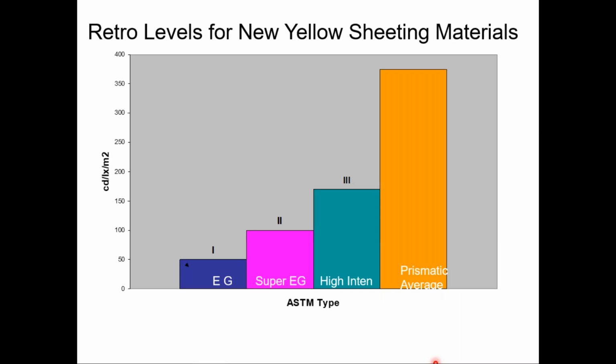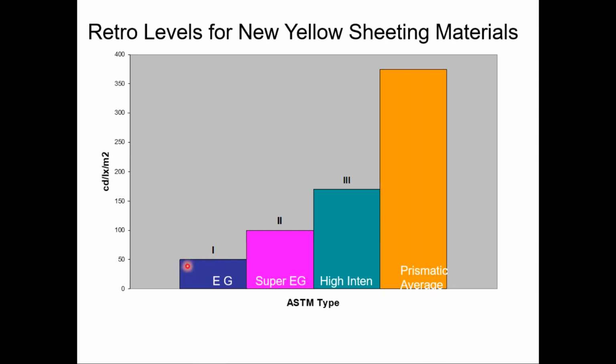And relative to that, here we see kind of schematically the retro levels for new yellow sheeting materials. On the horizontal axis, we have the ASTM sheeting type, and on the vertical axis, we have the retro values. Remember, candelas per lux per meter squared, 0 to 50, all the way up to 400. So notice engineering grade yellow sheeting, even brand new, is right about 50. There's an asterisk here.